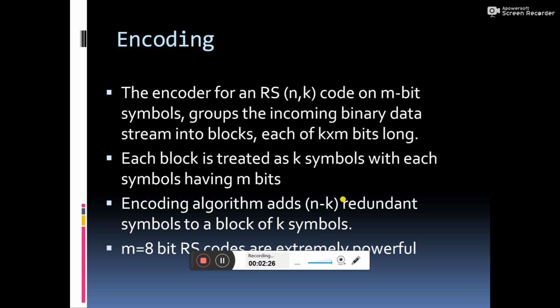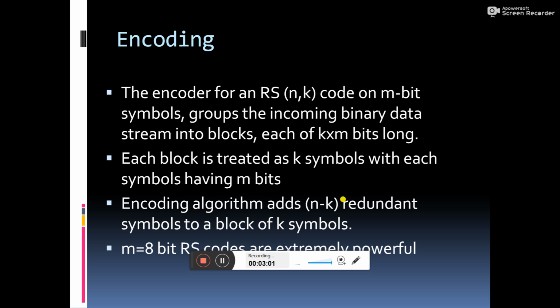Then coming to the encoding process, the encoder for an (n, k) RS code on m-bit symbols groups the incoming binary data stream into blocks each of k by m bits long. So consider an (n, k) Reed-Solomon code. That means you will be having the block length n and number of message symbols equal to k.